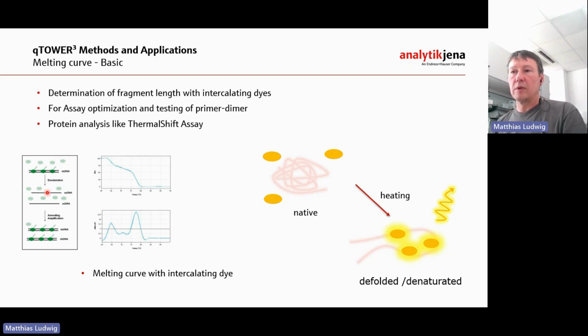If you have a denaturation step, then the fluorescent signal decreases.